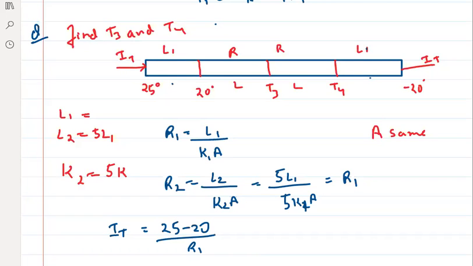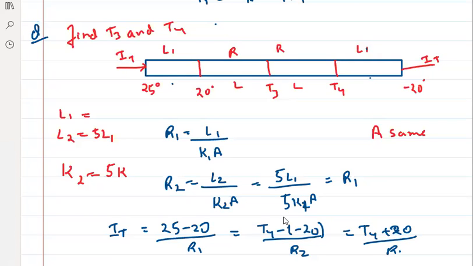And this is equal to this current, which is T4 minus of minus 20 by R2. Anyone have any issue in this? Which is equal to T4 plus 20 by R1, because R2 is equal to R1.